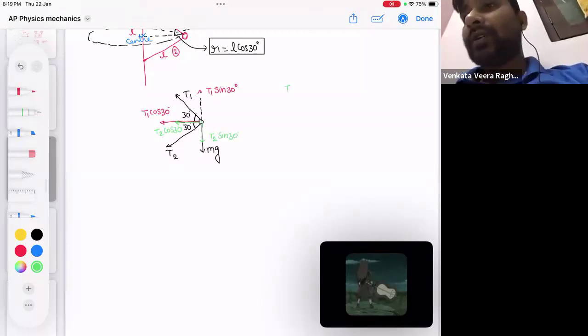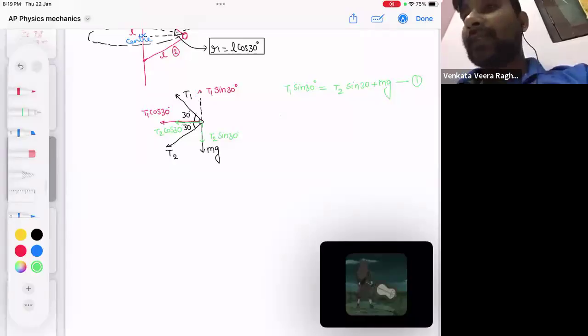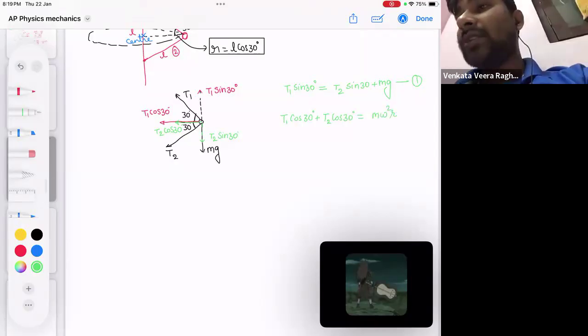Now let's write the equation. T1 sin 30 will be balancing T2 sin 30 plus mg, right? That is the first equation. Second equation, towards center component. The towards center components we have are T1 cos 30 and T2 cos 30. That is the net force towards center, which we should write as m omega square into R. Now just put the value.